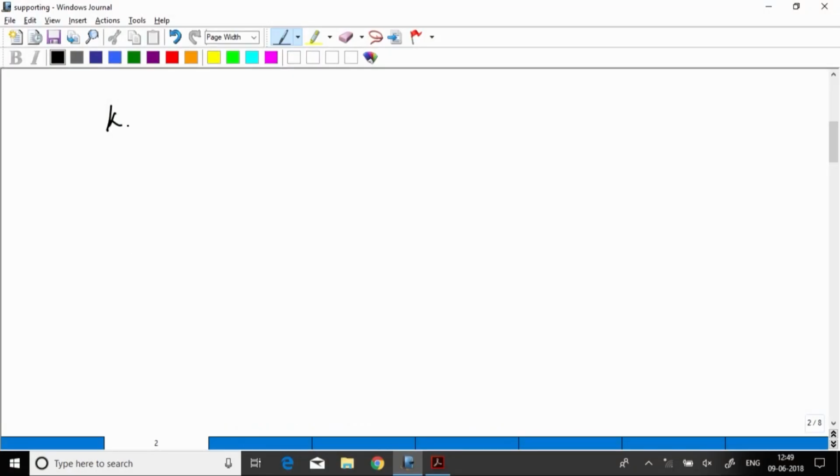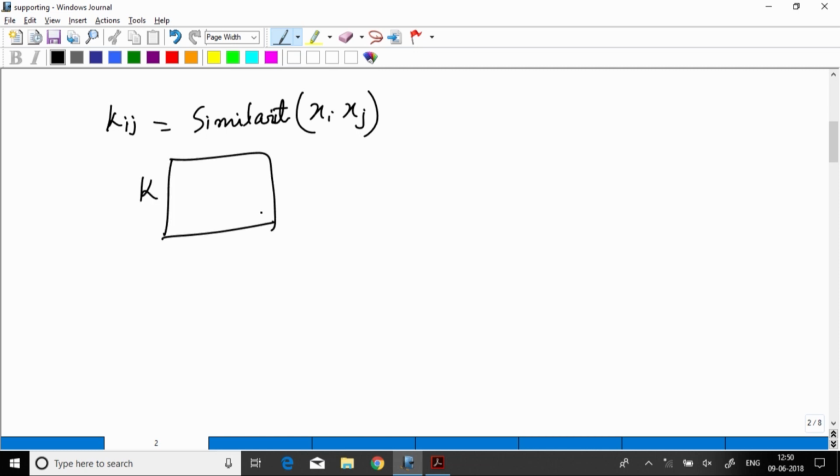So here we want a kernel function such that Kij is going to somehow give you the similarity between two points xi and xj, such that when you have a kernel matrix, where each entry is a Kij, it is going to be positive semi-definite.